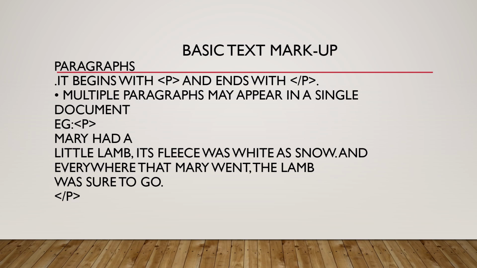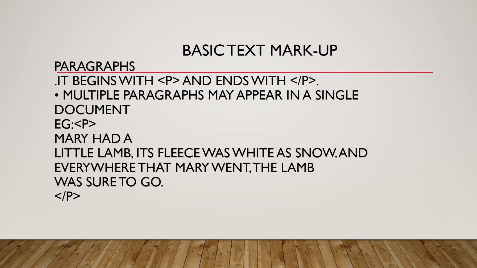Next, basic text markup is the paragraph. It begins with P and ends with /P. It consists of the H2 heading content /H2, the HTML heading tag, and the P paragraph content /P, the HTML paragraph tag.